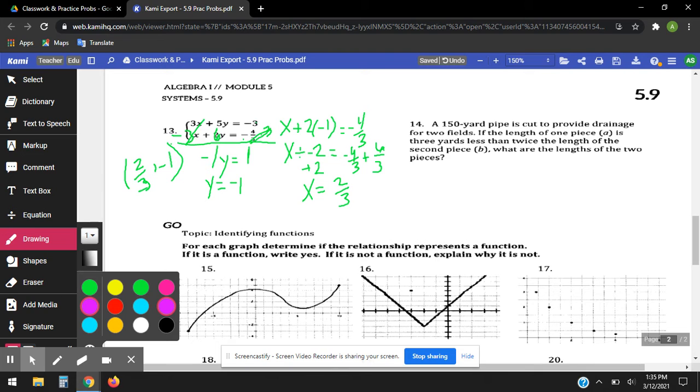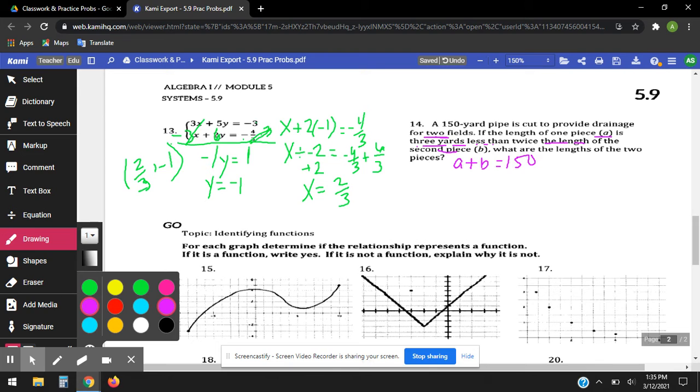A 150-yard pipe is cut to provide drainage for 2 fields. The length of one piece, A, is 3 yards less than twice the length of the second piece, B. What are the lengths of the 2 pieces? Well, A plus B is 150 in length, right?